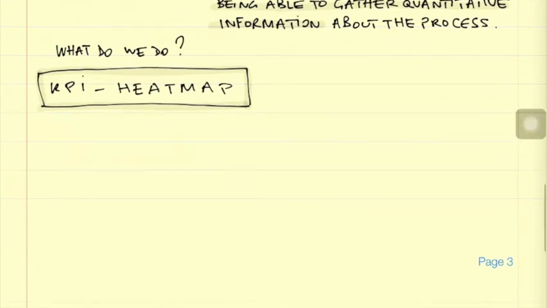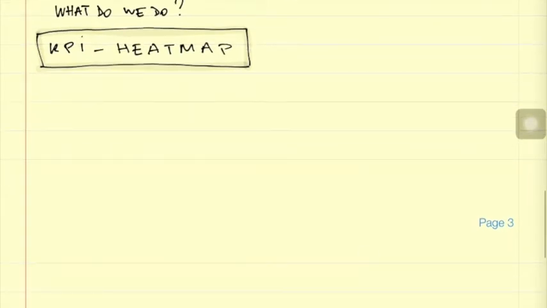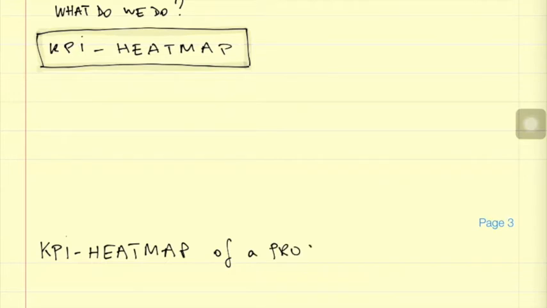Okay. So when we create a KPI heat map, what do we do? Of any process, of course, this is related to a process. Okay, so we have let's say a factory or a value stream or a machine.